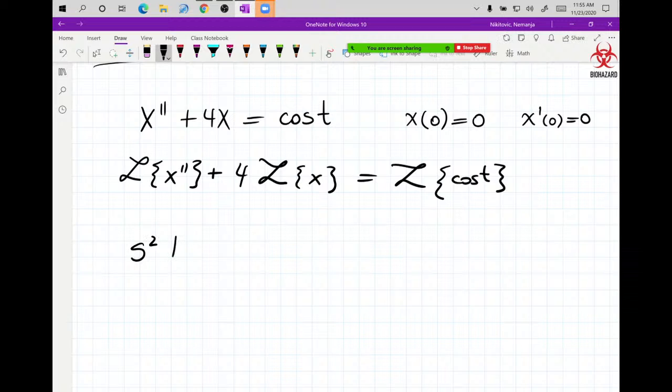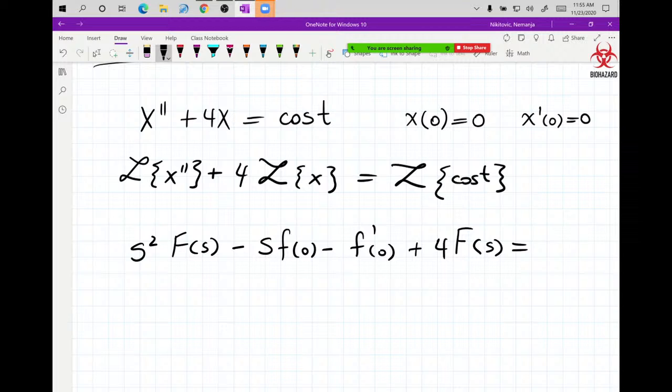We have s squared F of s minus s F of 0 minus F prime of 0 plus 4 F of s is equal to, and then you look at the Laplace, the cosine is the one that has the s on top, so that's s over s squared plus 1, because the coefficient of t is 1. That's your k. I hope you studied. Now, both of these terms go to 0 because they are zeros up there.